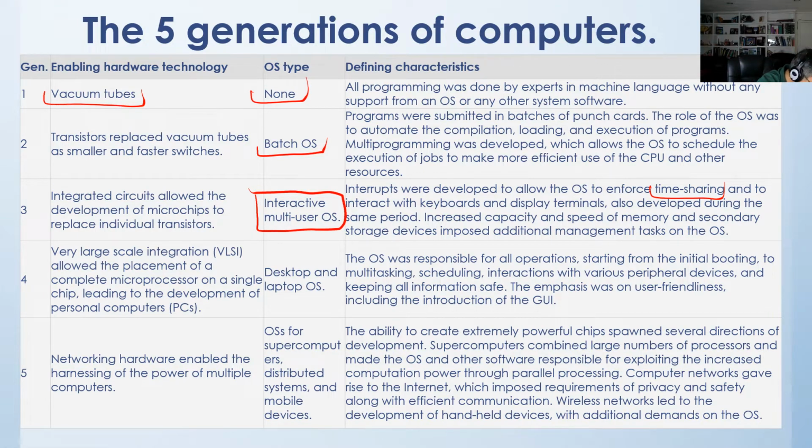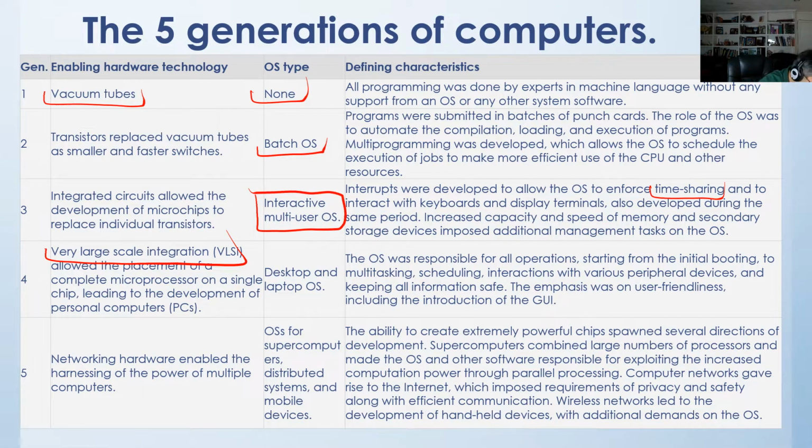And then very large scale integration, VLSI, is introduced. VLSI allows the placement of a complete microprocessor on a single chip, so a single chip can perform a certain kind of functionality.